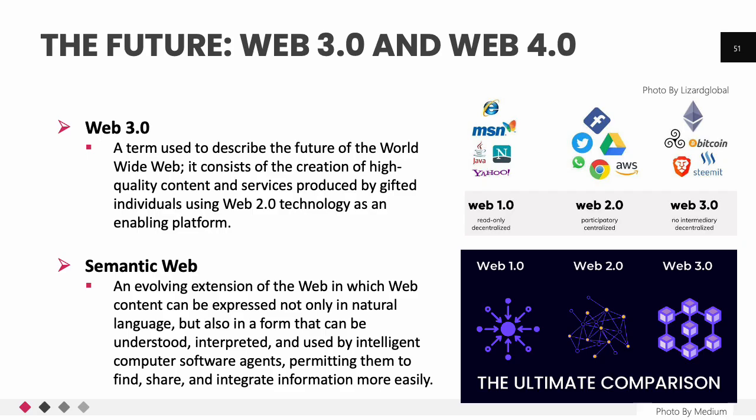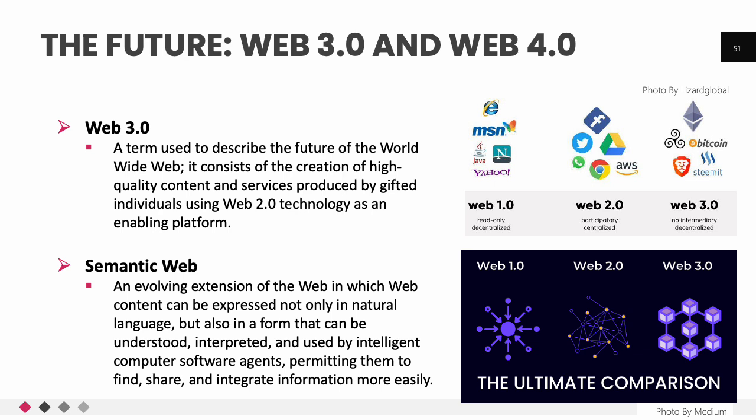So Web 3.0 is seen as the next big phase of the internet. If Web 1.0 was about simply reading information, and Web 2.0 was about interacting and creating content like social media, Web 3.0 takes a step further.